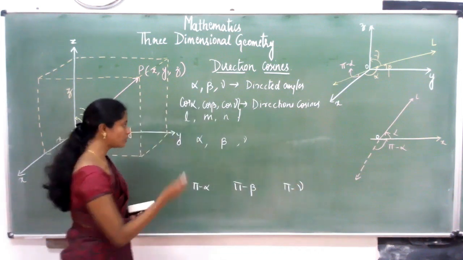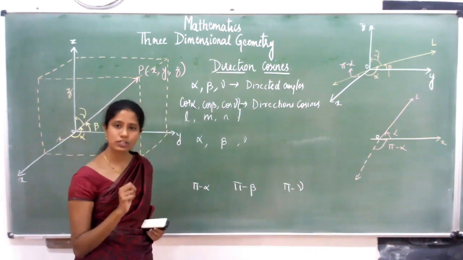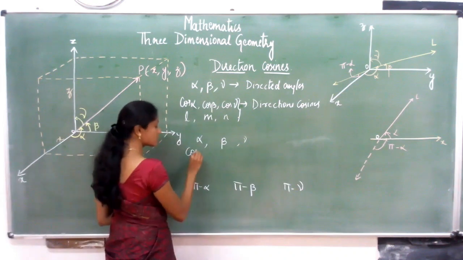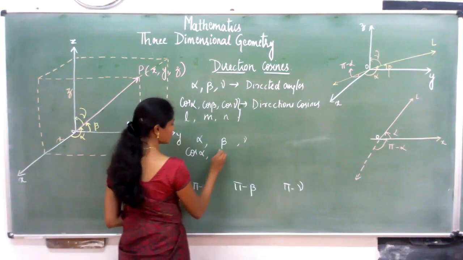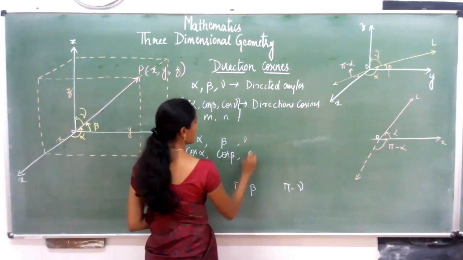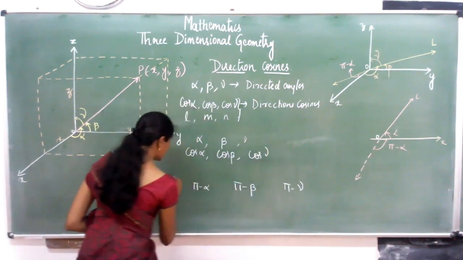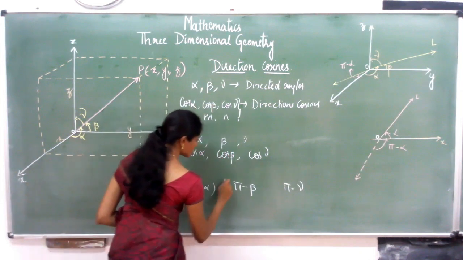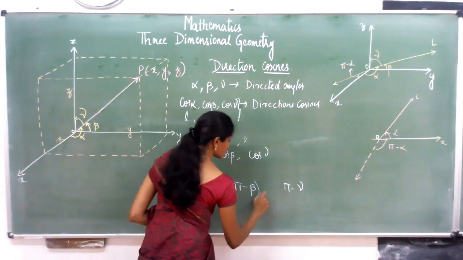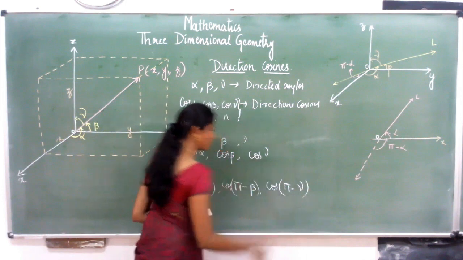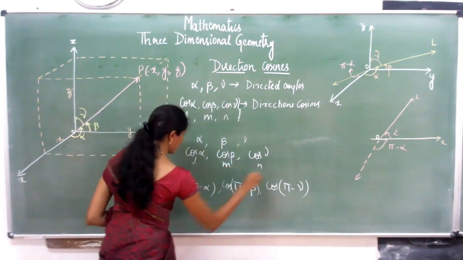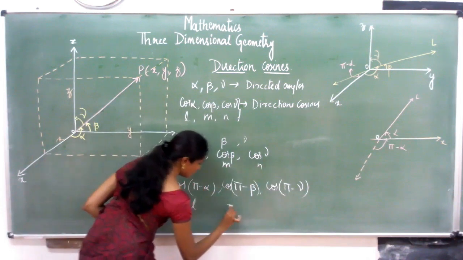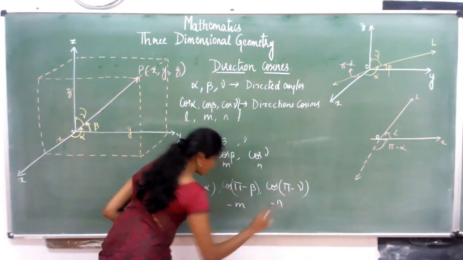So we get two direction cosines. If I take the cosines of these angles, that is cos alpha, cos beta and cos gamma, and also cos of pi minus alpha, cos of pi minus beta and cos of pi minus gamma, that is nothing but L, M, N and minus L, minus M, minus N.